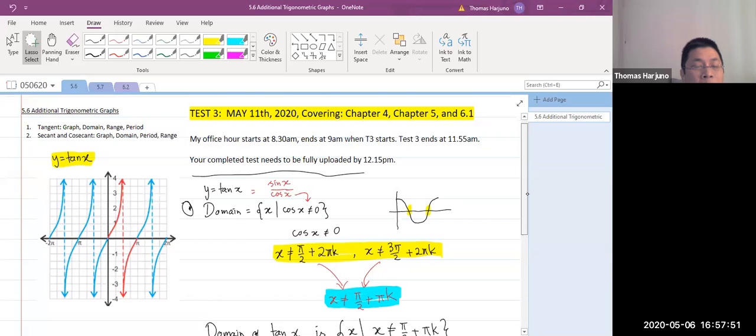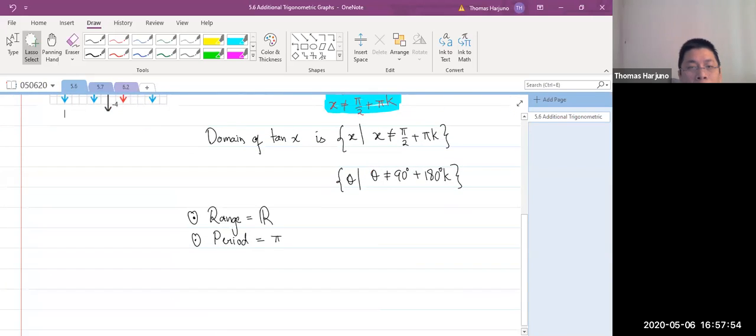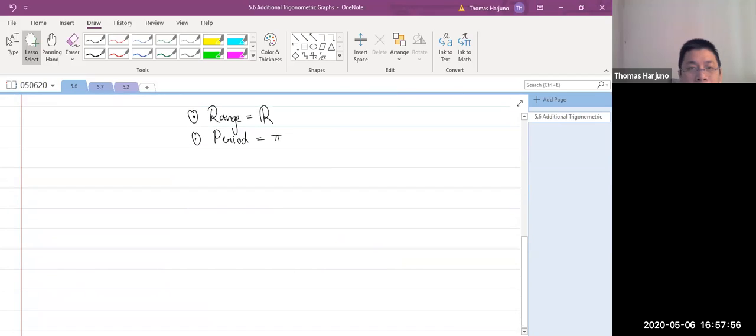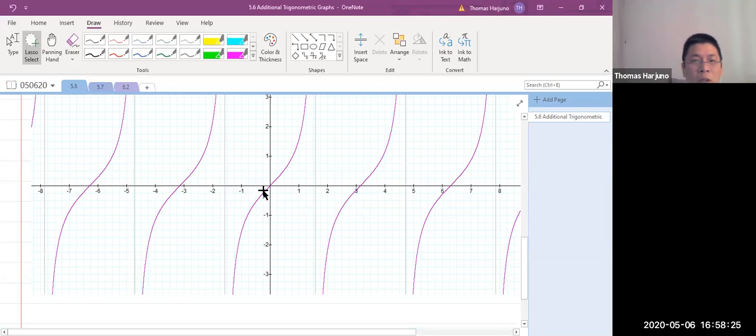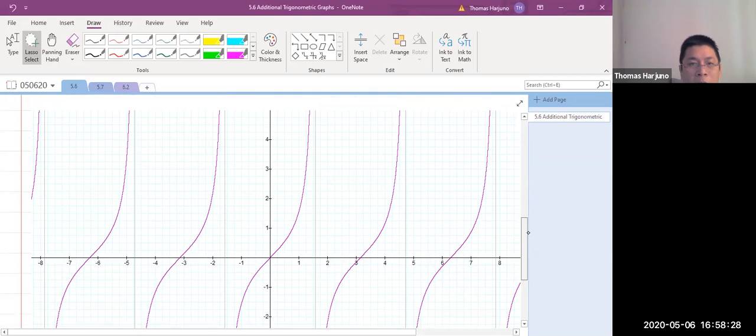Now let's see a more detailed graph of tangent. Give me a second. This is the graph of tangent.